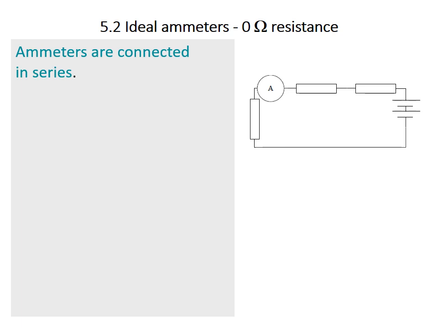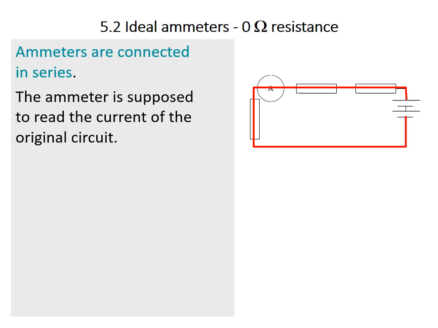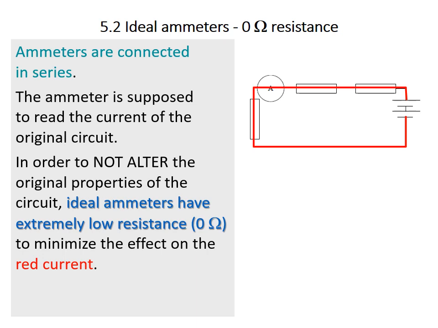It's connected in series with whatever branch you're trying to measure. The ammeter is supposed to read the current of the original circuit. So in order to not alter the original properties of the circuit, for example, the voltage that gets split among these 3 resistors, you need to have ammeters with extremely low resistance, 0 ohms, to minimize the effect on the red current.